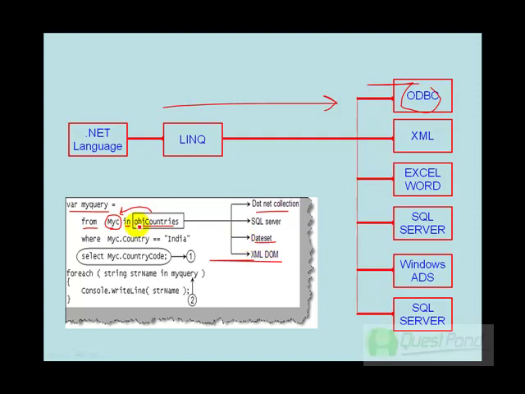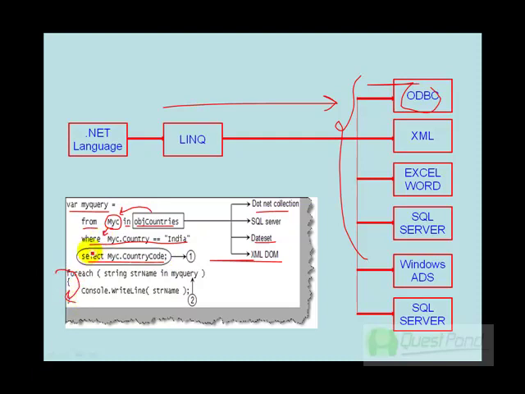So what we have written here is a generic LINQ query which completely abstracts from us the way all these data sources work. Once we get the data into myC, a temporary variable, I can say where myC.country is equal to India, then select the country code column from that, and loop through the results and display them.